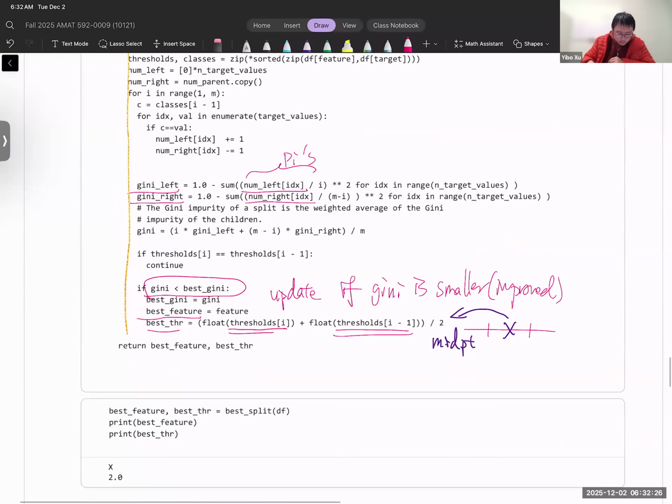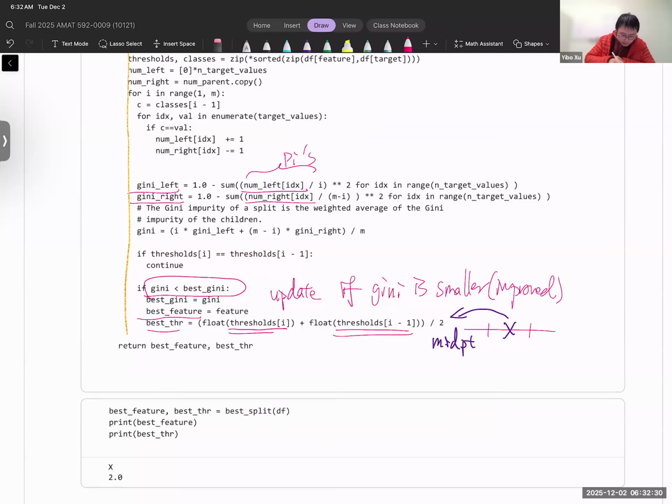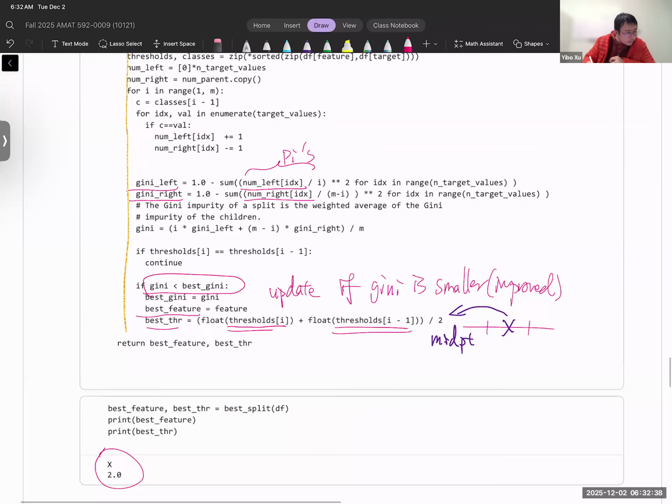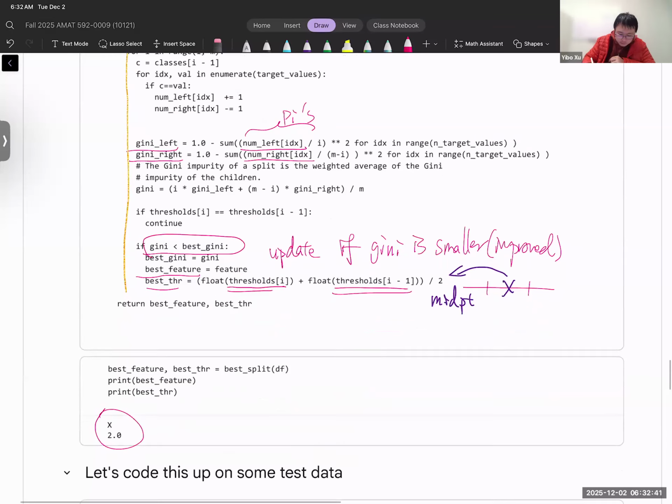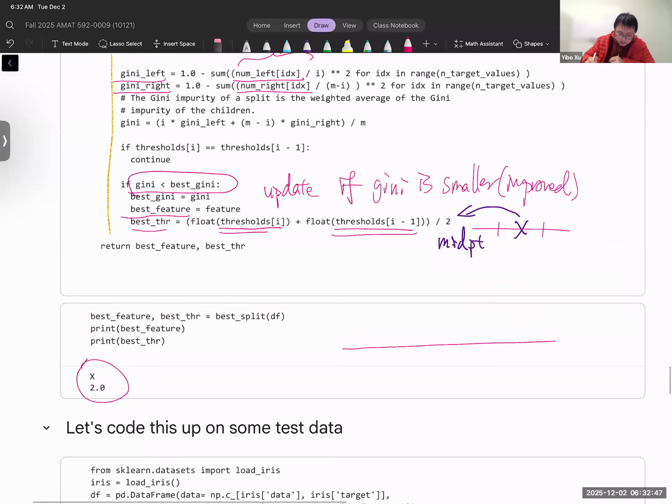So now, if you look at the example right here, the best feature, of course, is x. The best threshold is 2. So earlier we have a bunch of data points. Let me quickly give you guys what tree essentially we are getting here.